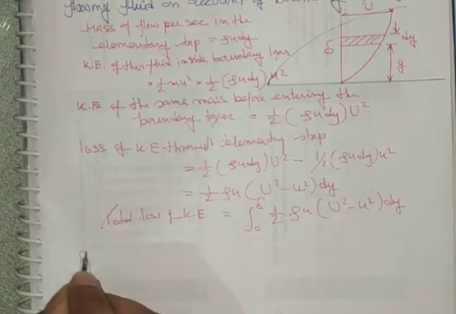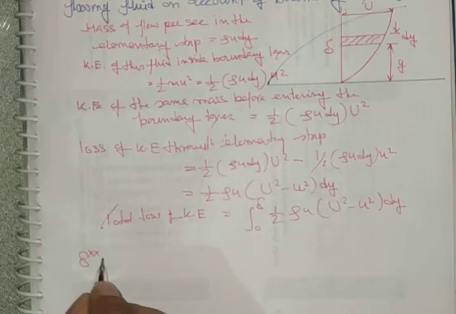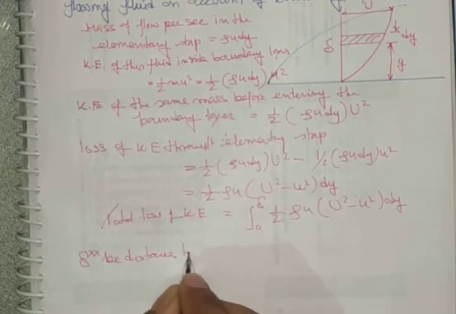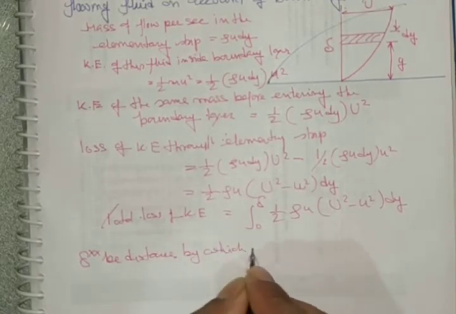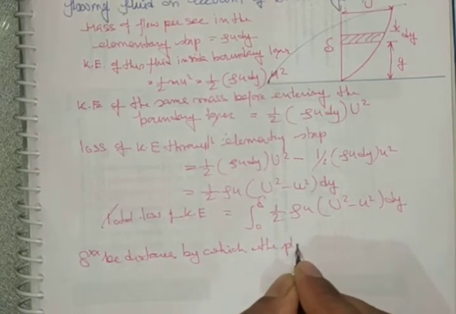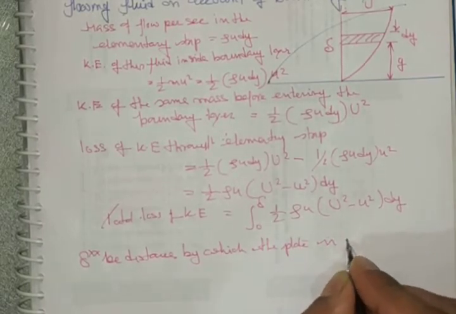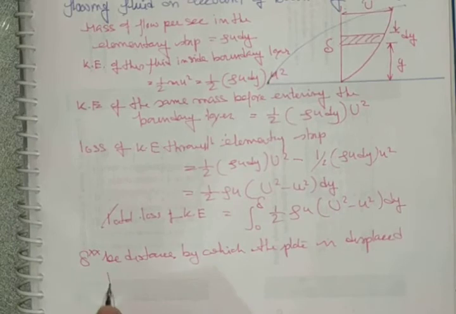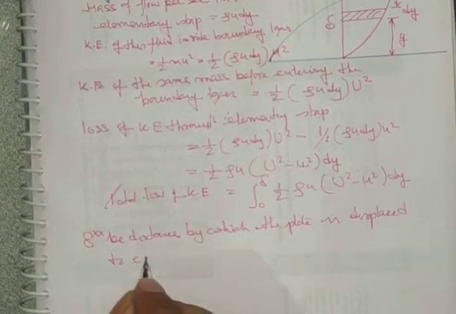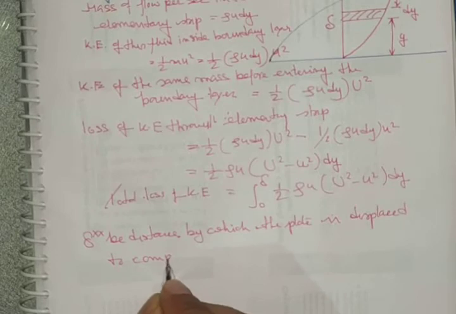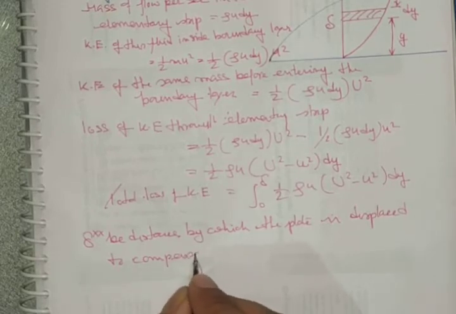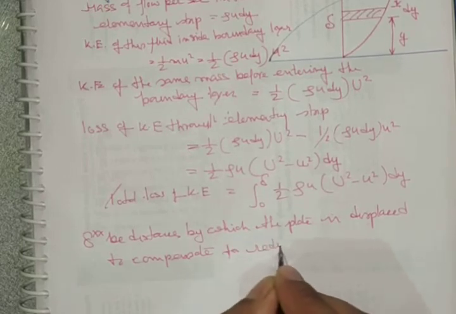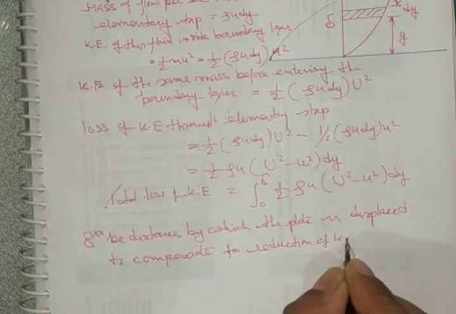Now suppose delta star be the distance by which the plate is displaced to compensate for the reduction of kinetic energy.